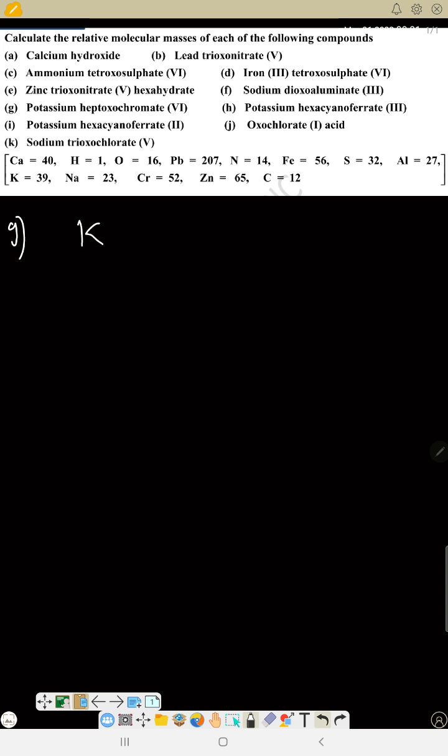Potassium is K. Heptaoxodichromate 6 is Cr2O7. So the valency of potassium is 1, and the valency of dichromate is 2 because you have 2 minus. So if you do your crisscross, that will be K2Cr2O7.